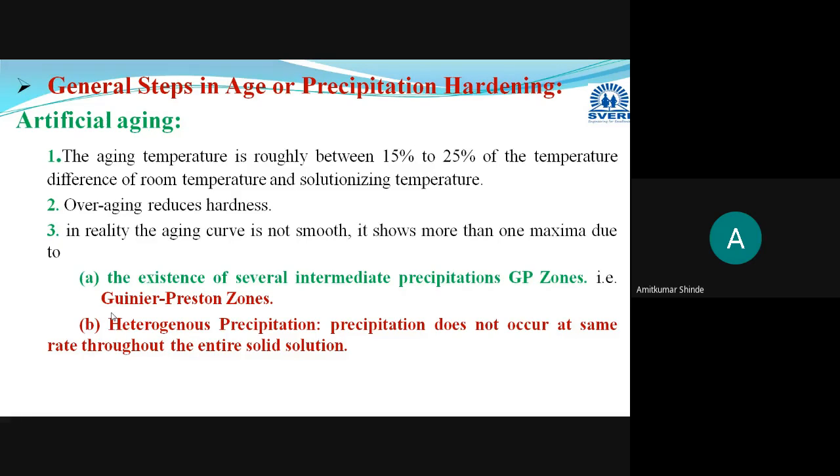Sometimes the maxima also occur due to heterogeneous precipitation. Heterogeneous precipitation means the rate of precipitation, or the rate of age hardening or precipitation hardening, is not the same throughout the material, or throughout the alloy or whichever solid solution we have formed.